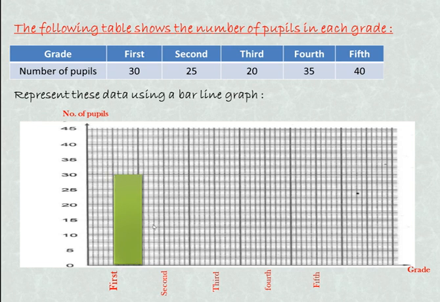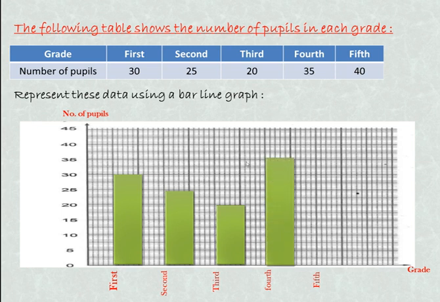Okay, about second, 25, and third will be 20, and the fourth 35, up to 35, then join, and fifth will be 40.